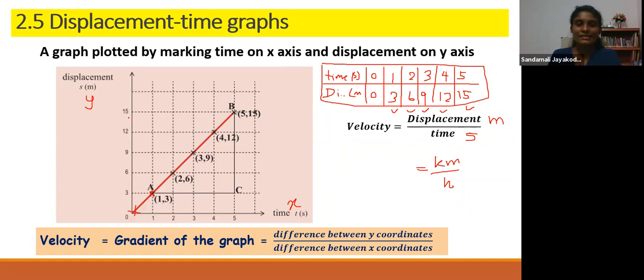The reason is, in a displacement time graph, we will get the velocity as the gradient of the graph. When we take the gradient of this graph, actually it is the velocity. So when we take the difference between two y coordinates and divide it by the difference between two x coordinates, we will get the gradient of the graph, and gradient gives the velocity.